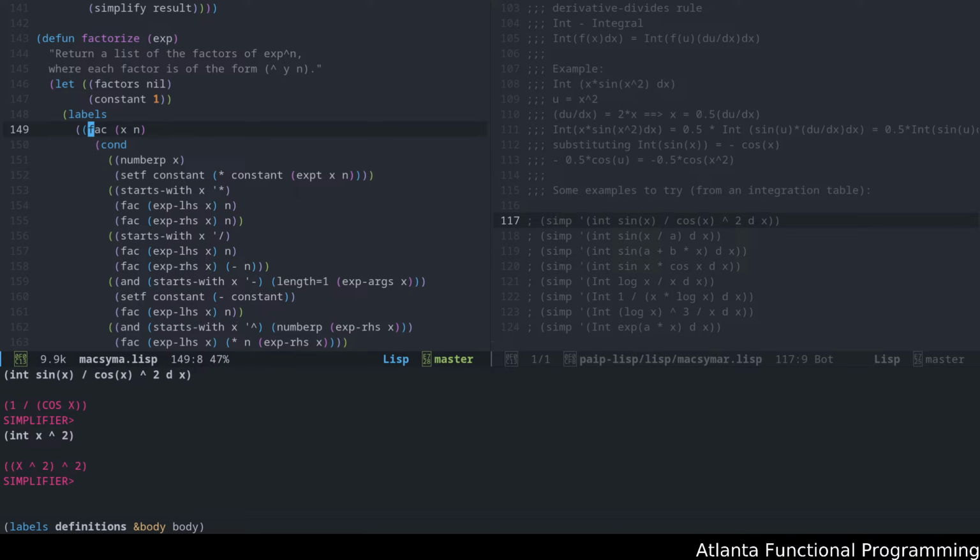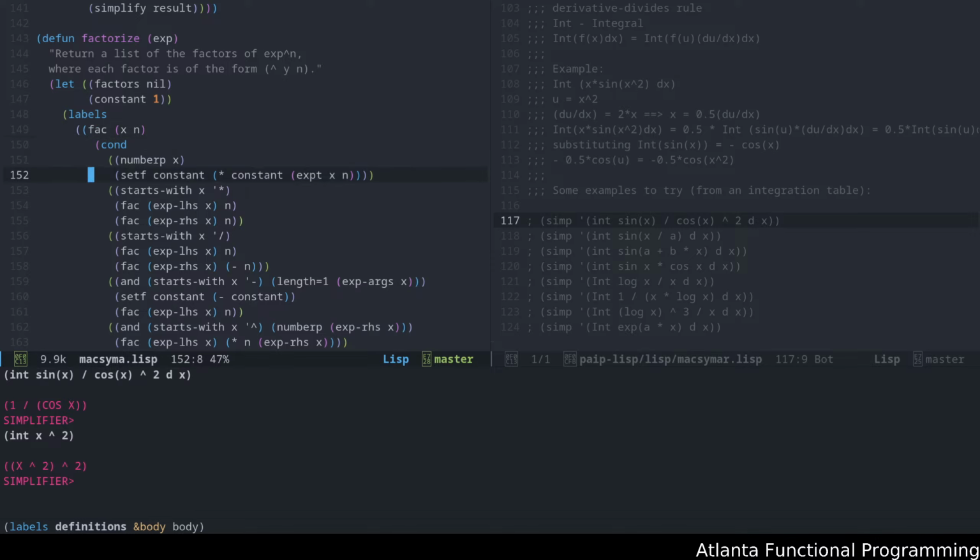We actually leverage it here to go through a given expression, and based on whether it starts with an x or whether it starts with a times or divides, it applies particular rules in a particular way.